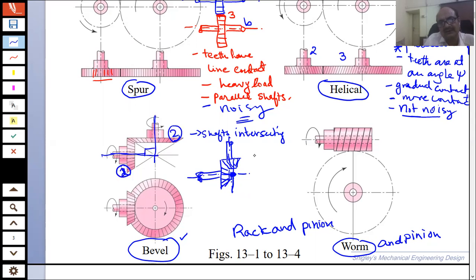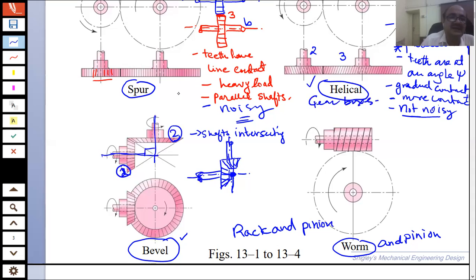And these gears, which are at 90 degrees, are generally also called miter gears. And if you have observed this, these are used in the differential of an automobile. The helical gears, as an example, are generally used in gearboxes.